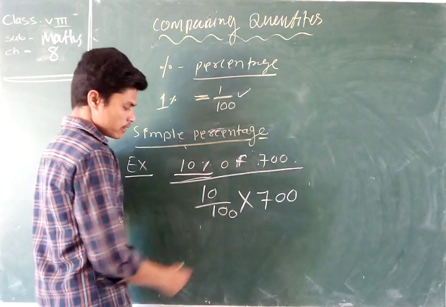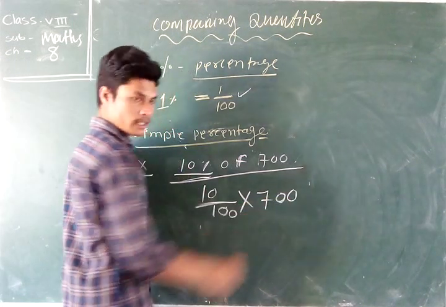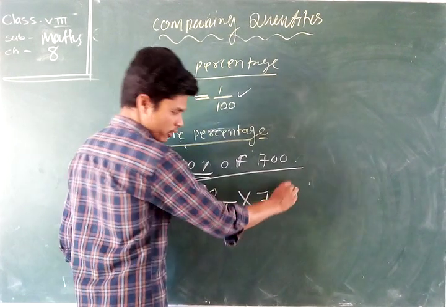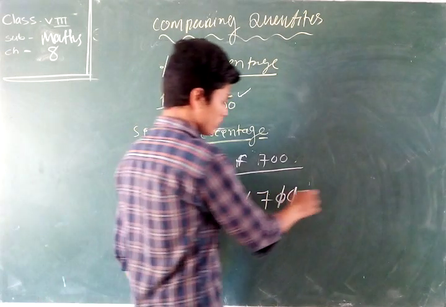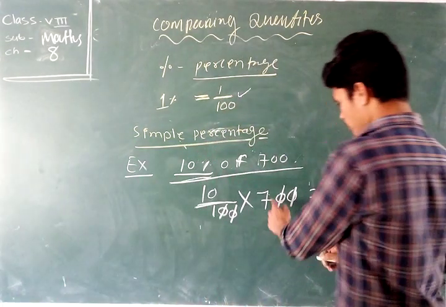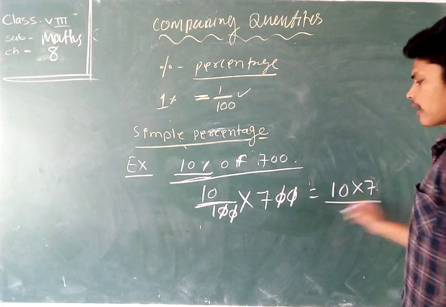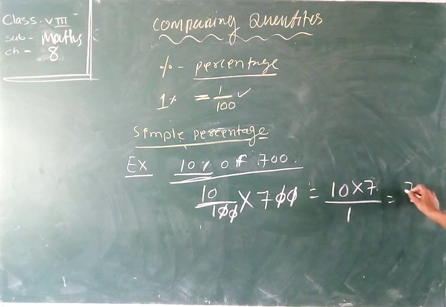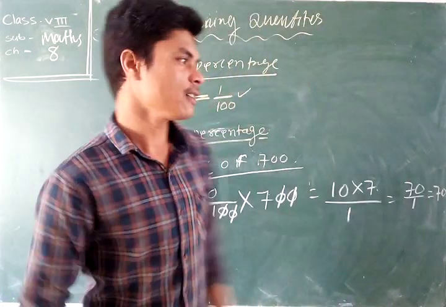We can reduce the numbers: the zeros in the denominator and numerator cancel. Whatever is left is 10 into 7 by 1. If you divide any number by 1, it stays the same. So 70 by 1 equals 70. Then 10% of 700 is 70.